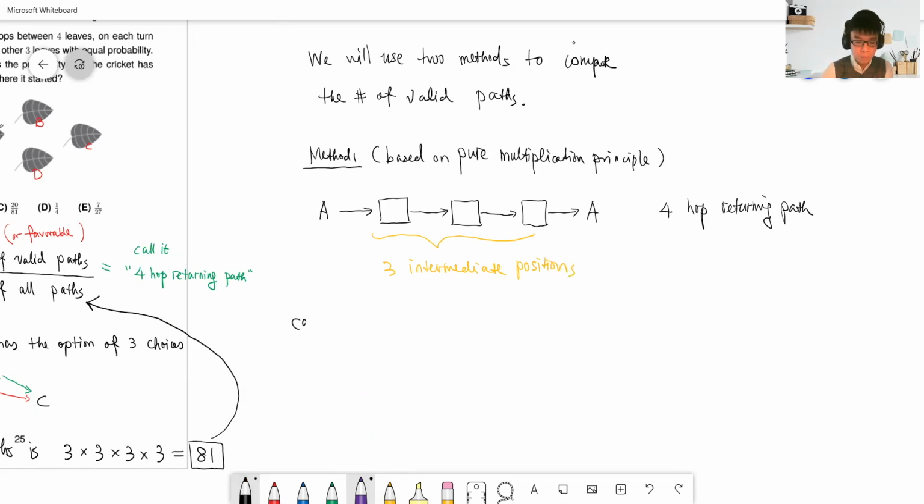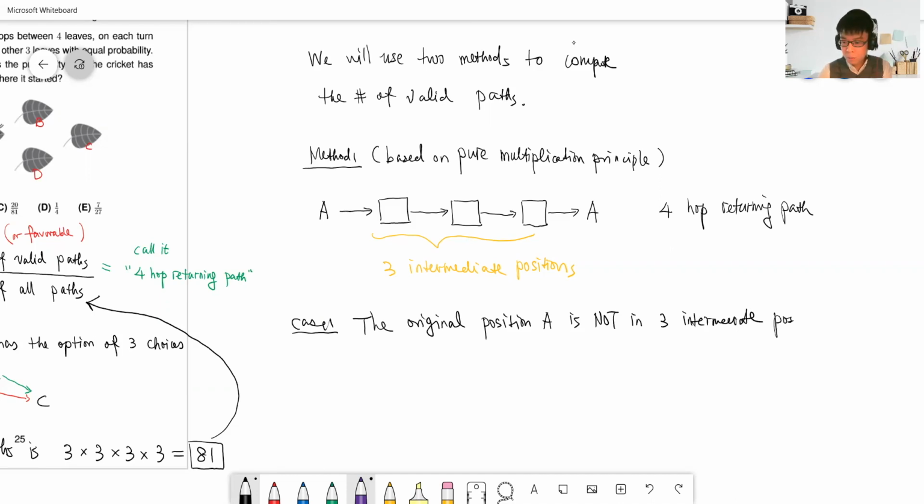The case 1, the original position A is not in these 3 intermediate positions. So for these 3 intermediate positions, they are B or C or D, but there's no A.